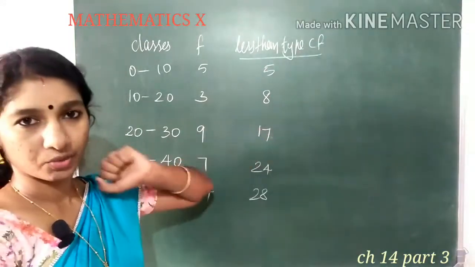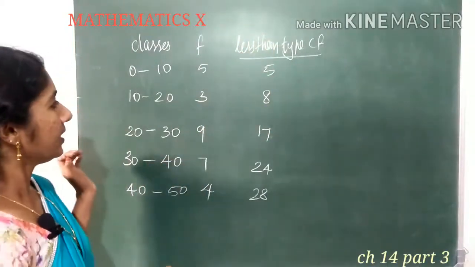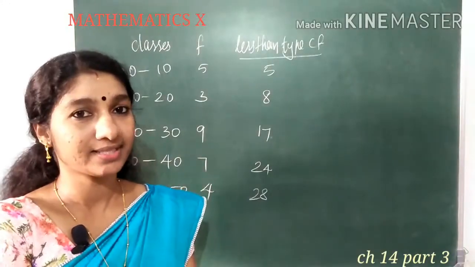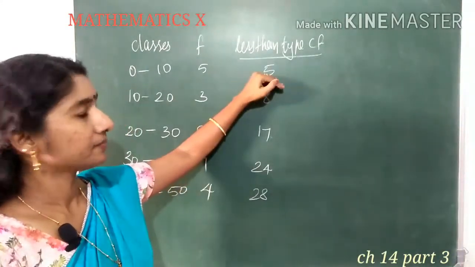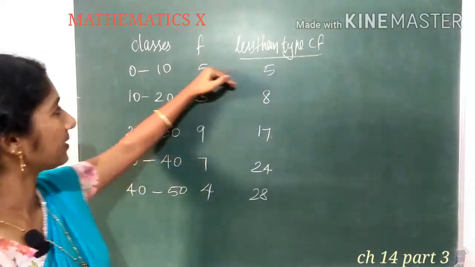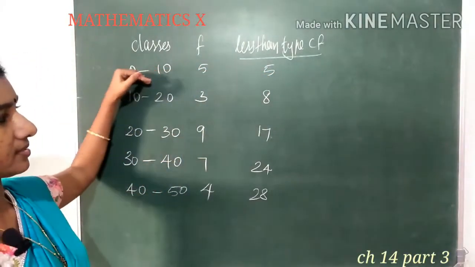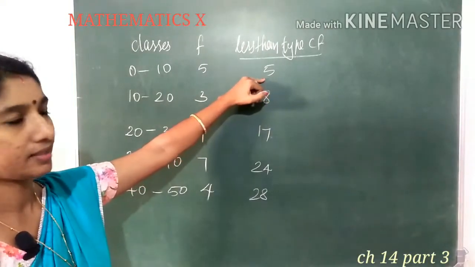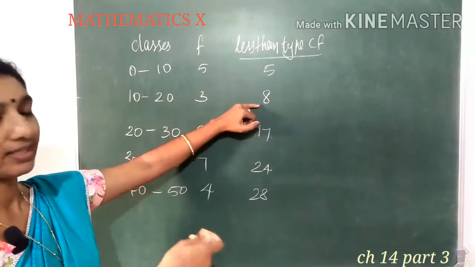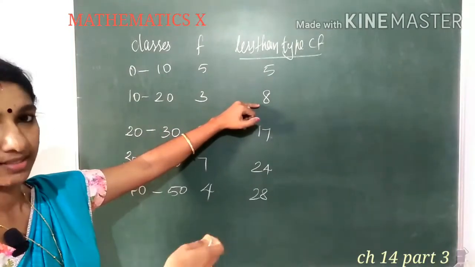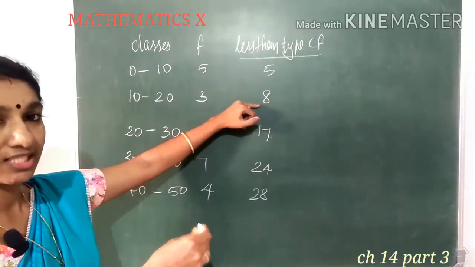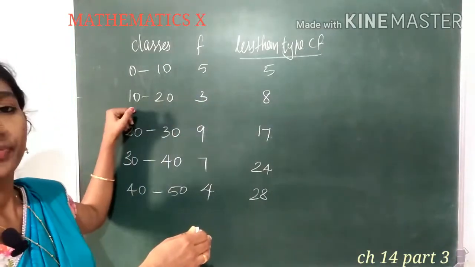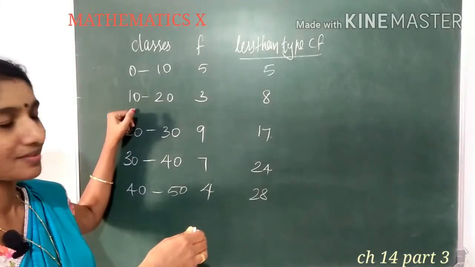So we need one equation, we have one equation also, and see in which class this observation may lie. Up to 5 students are in this class, 0 to 10 class, up to 8 marks. So that means up to 5 here in this class, the students standing in 6th position, 7th position, 8th position, their marks are in between 10 to 20, isn't it?